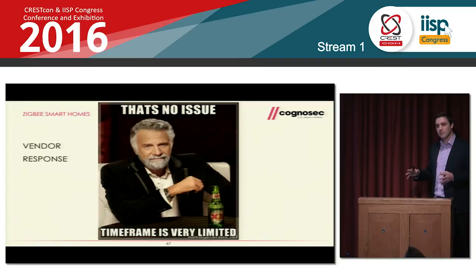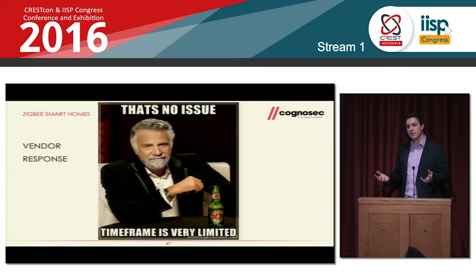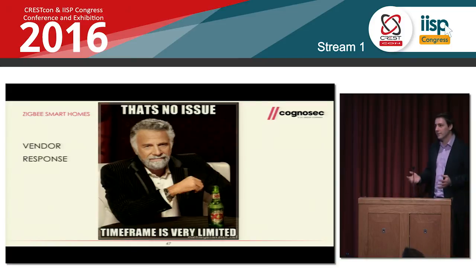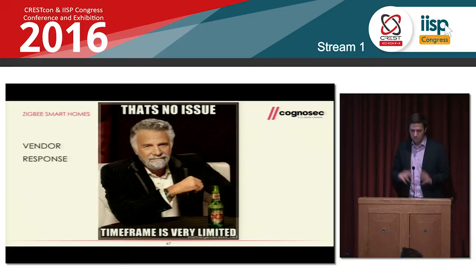So it's trying to be a security system, but in the end they're saying, oh no, we are not an alarming system, so we don't have the security implemented properly.